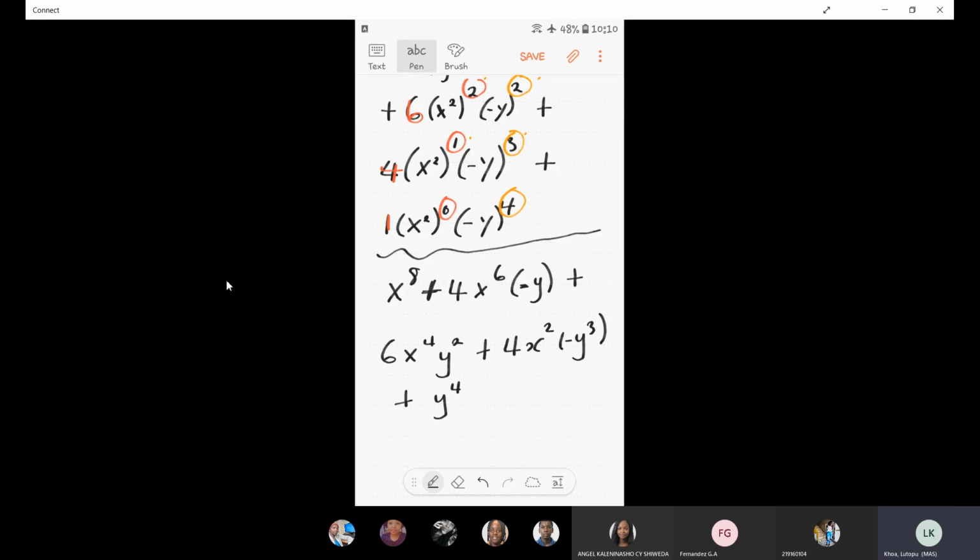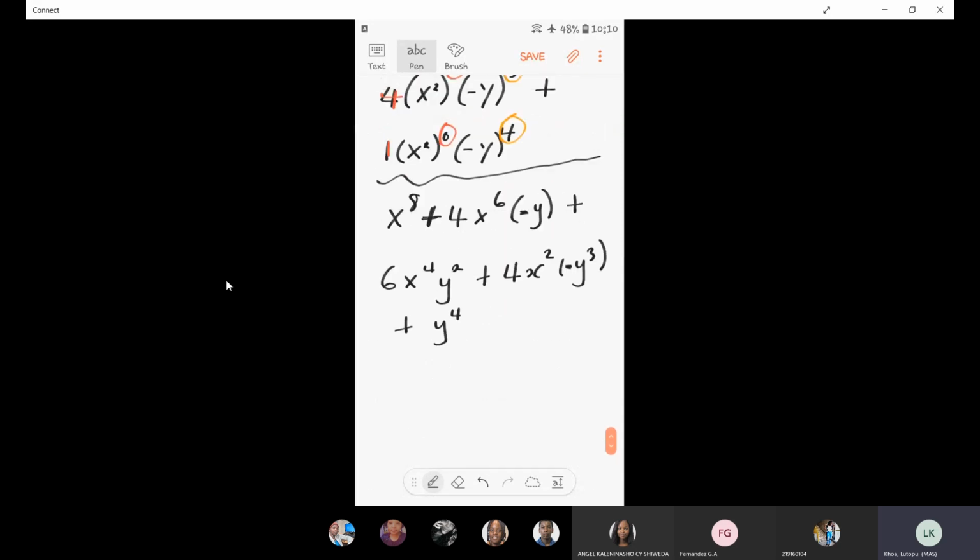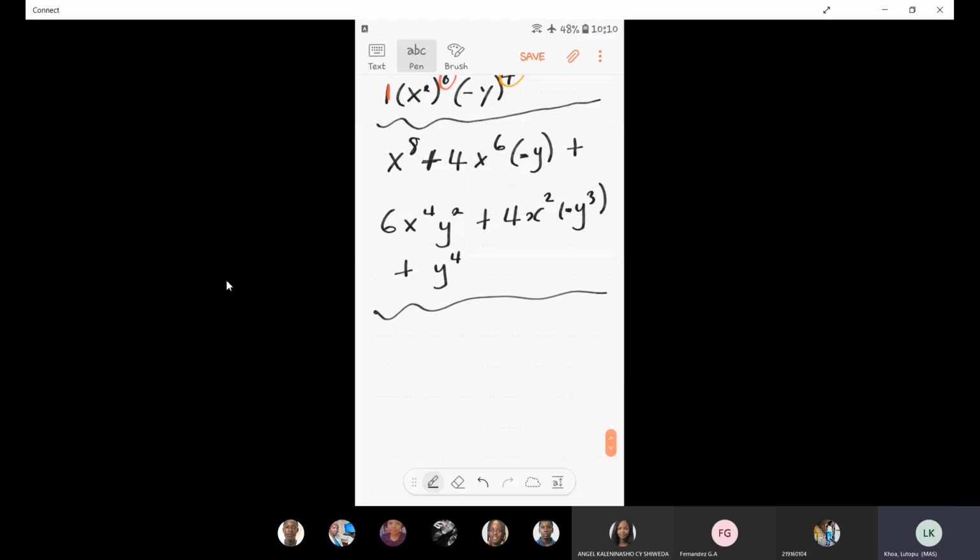Then I'm going to simplify these negatives that I have over there. Then I should have x to the power of 8 plus 4, still writing plus, minus 4 x to the power of 6 y plus 6 x to the power of 4 y squared minus 4 x squared y cubed, and then plus y to the power of 4.